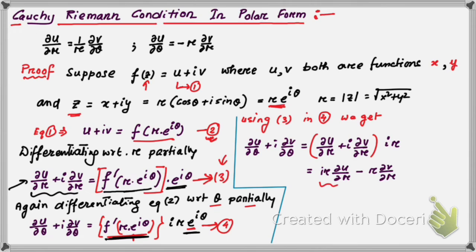Now if we compare the imaginary part with the imaginary part of both sides and the real part with the real part of both sides, let me go to the next slide. Let me write the last step again here.